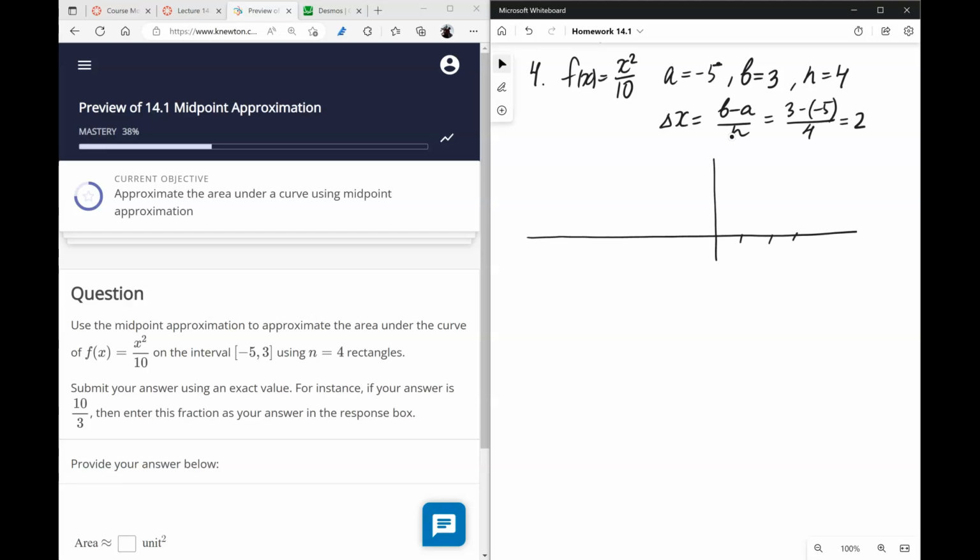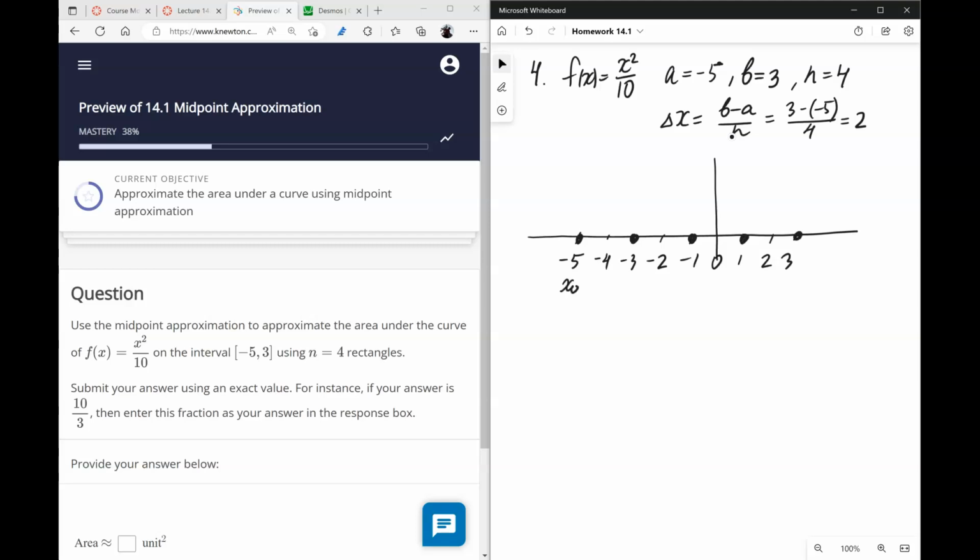So 1, 2, 3, -1, -2, -3, -4, -5. So we have -5, -4, -3, -2, -1, 0, 1, 2, 3. And we need to visualize the partition. So we have 4 intervals. So it goes from -5 to -3 to -1 to 1 to 3.